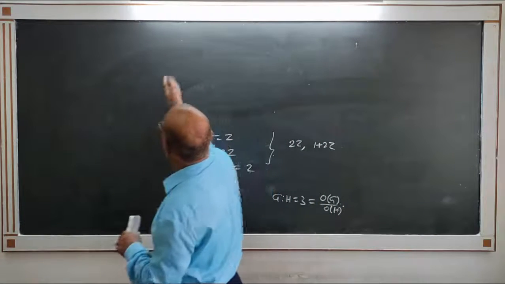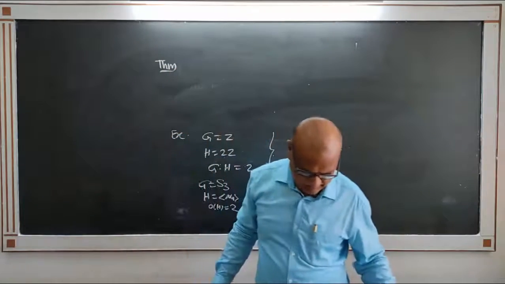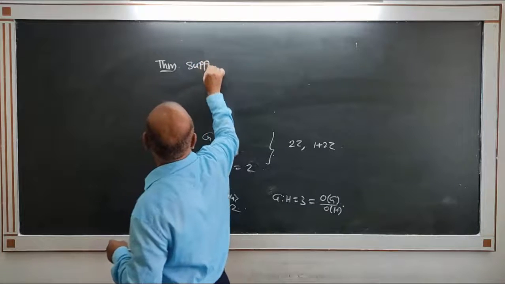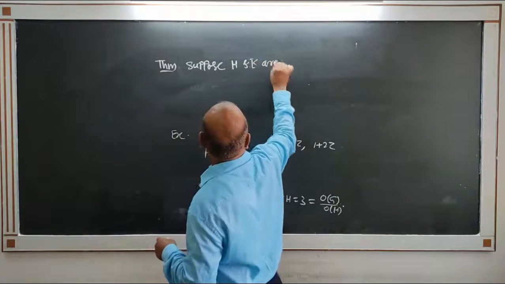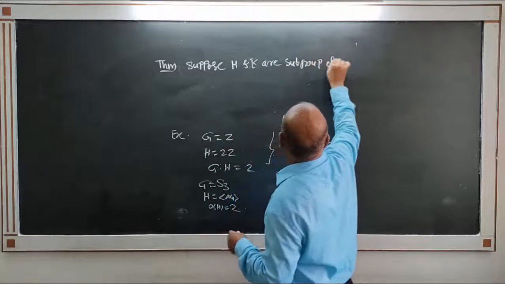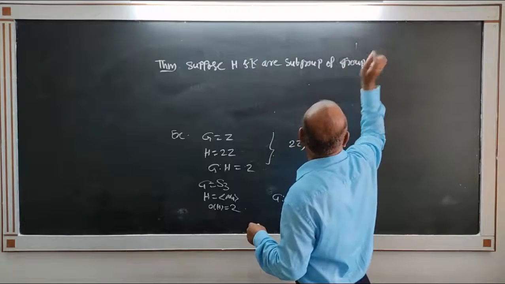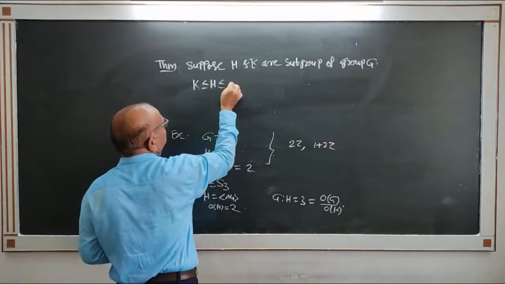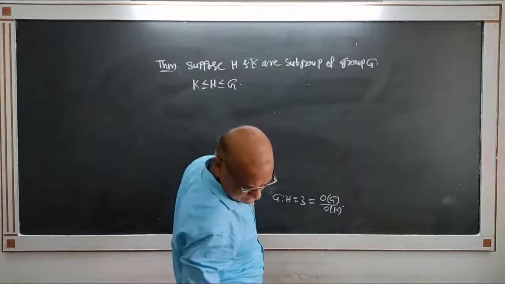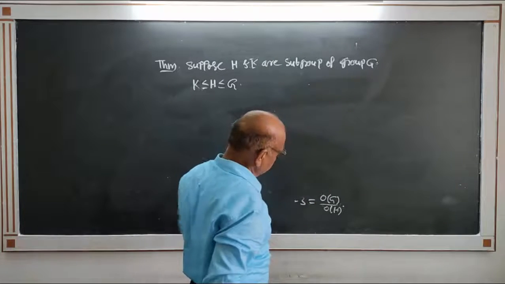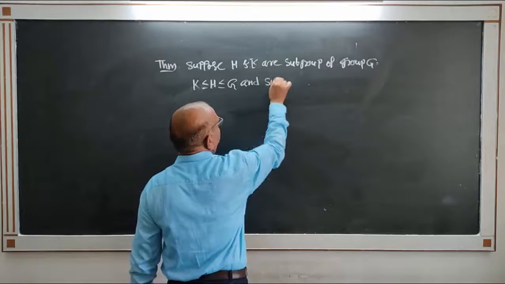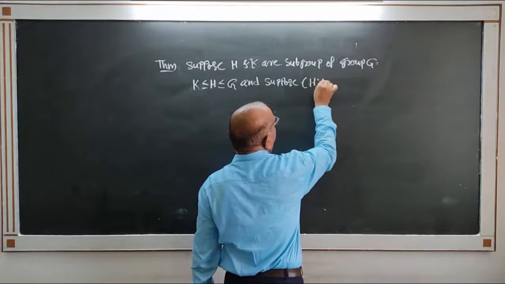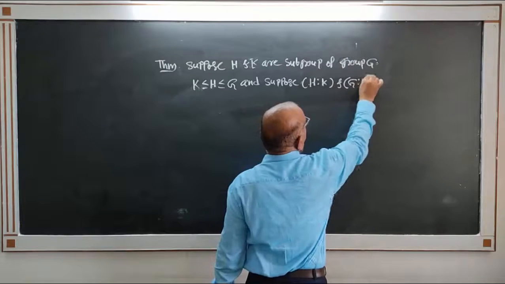Now, one theorem. Suppose H and K are subgroups of group G, where K is a subgroup of H and H is a subgroup of G. Suppose H : K and G : H are both finite.